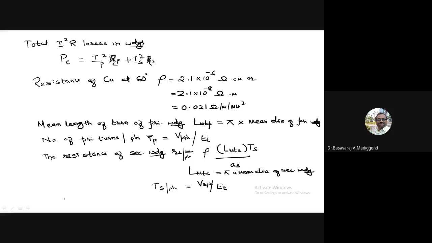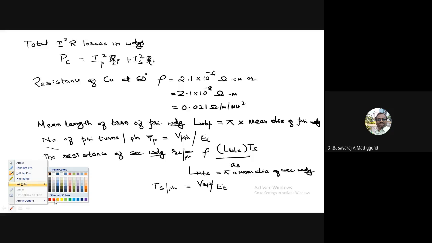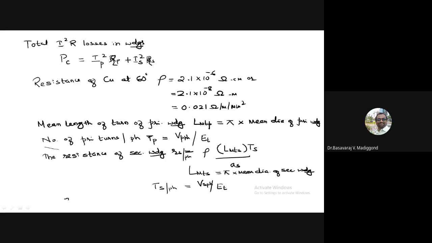So once you calculate RP and RS, you can calculate what is the total I square R losses. Once you know the losses, you will find out what is the efficiency.